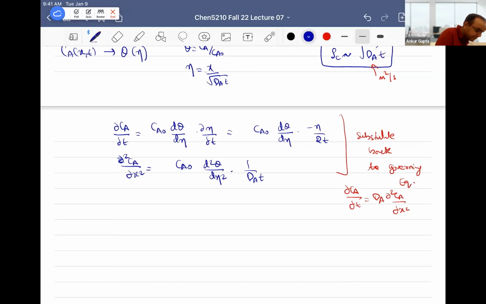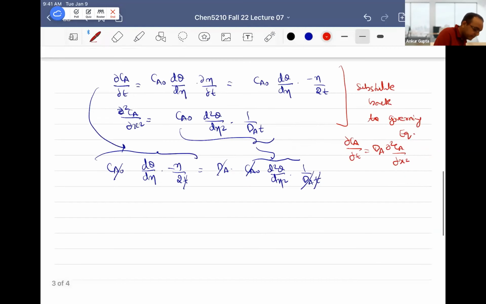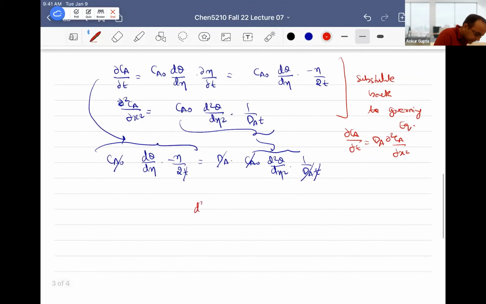So when we do that, we say CA naught d theta by d eta times minus eta by 2t equals DA, so this is the value coming from here, and then this is the value going here, CA naught d square theta by d eta square times 1 by Dat. DA gets cancelled, t gets cancelled, CA naught gets cancelled, and you're left with the equation d square theta by d eta square plus eta by 2 d theta by d eta.